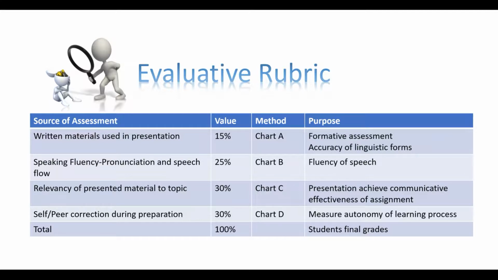It also has to do with the participation in the group discussion, the collaborativeness of the preparation as well as the presentation, and the oral performance in the group discussion. The written material is basically focusing on the accuracy, the grammar part of communicative competence.